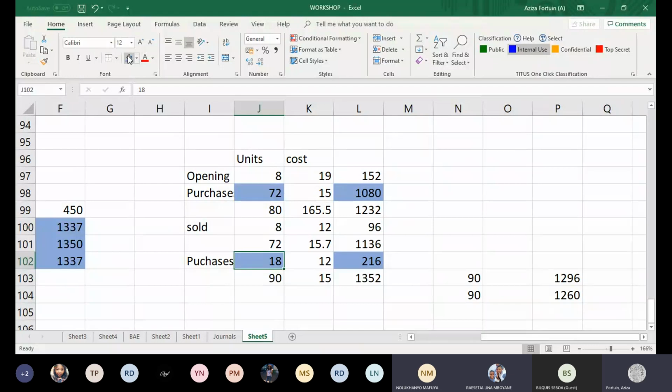Let me give you another whack. This is the last, the weighted average method. Let me just adjust the figures.